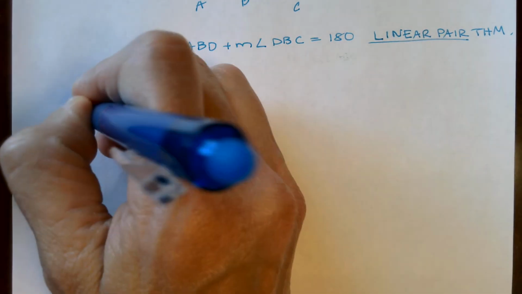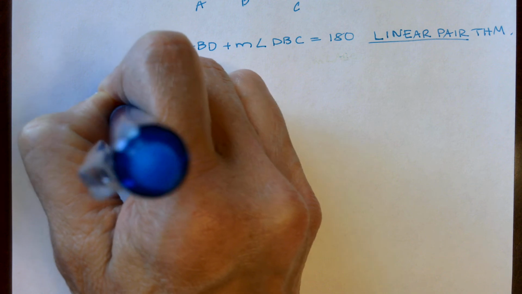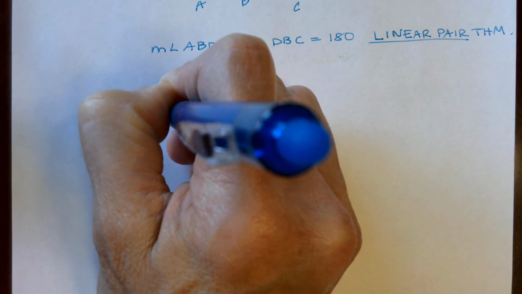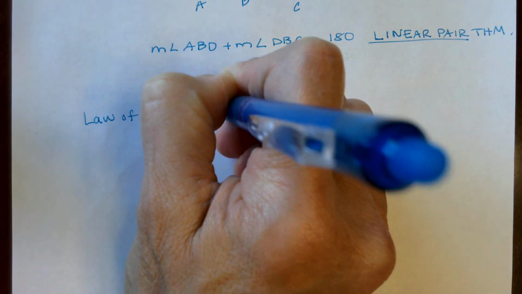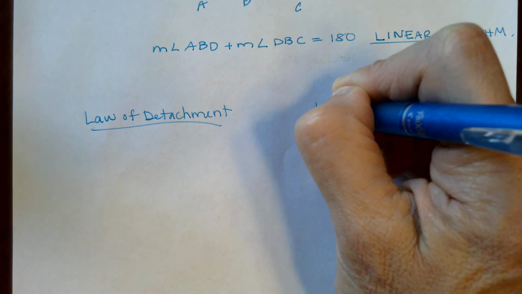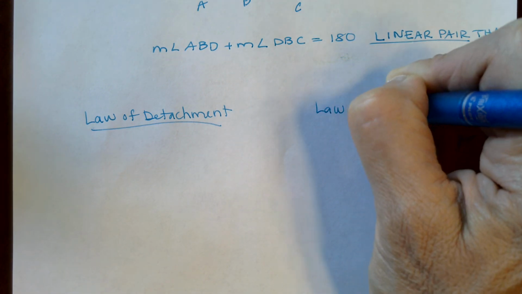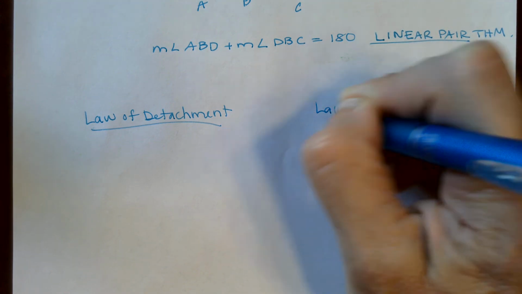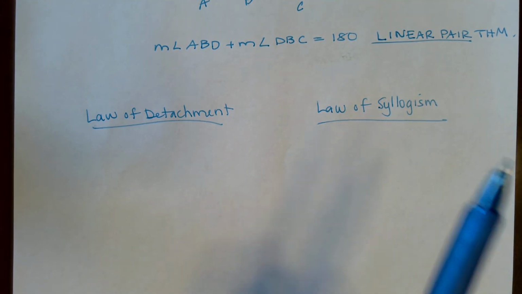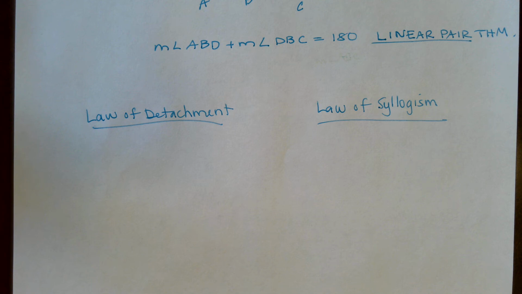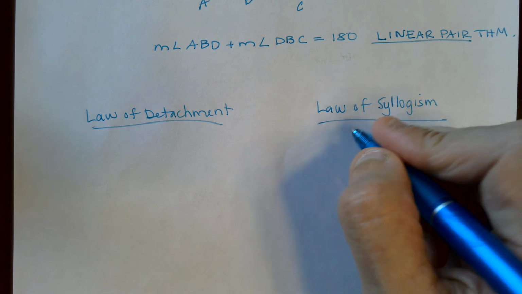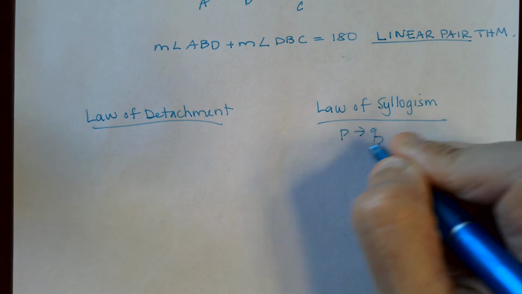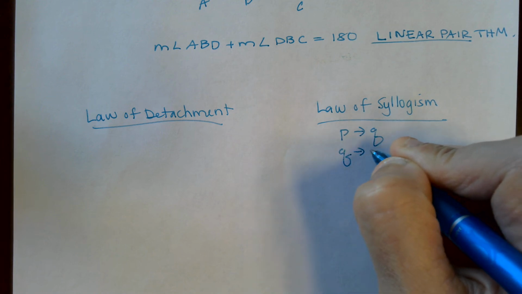Okay. So we have the law of detachment and the law of syllogism. Remember, this one is similar to a transitive property, except that there's how many if-thens?